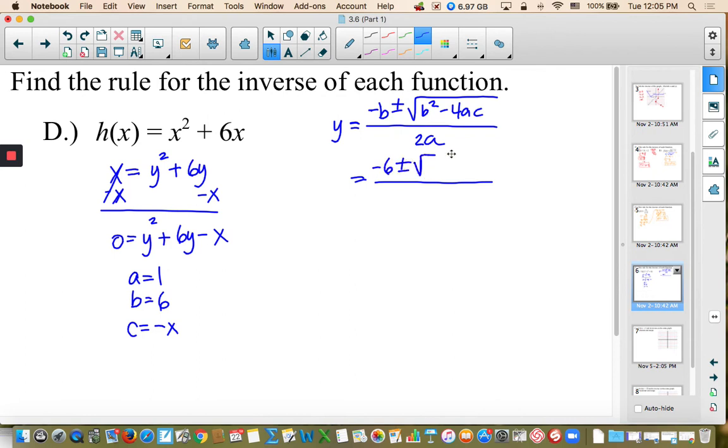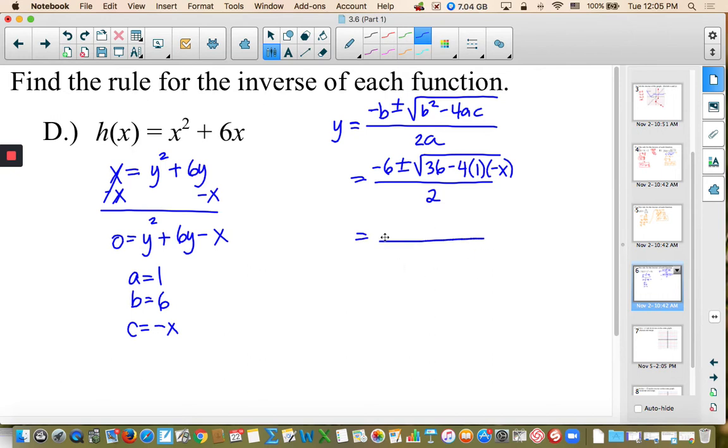Plus or minus the square root of b squared. 6 squared is 36 minus 4 times a, which is 1, times c, which is negative x, all divided by 2a. 2 times 1 is 2.